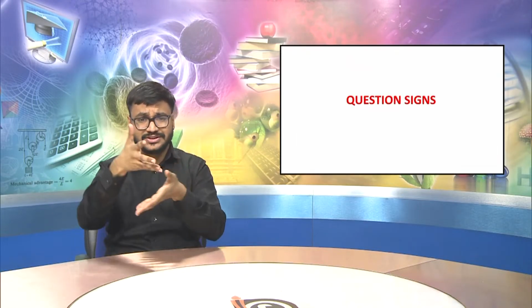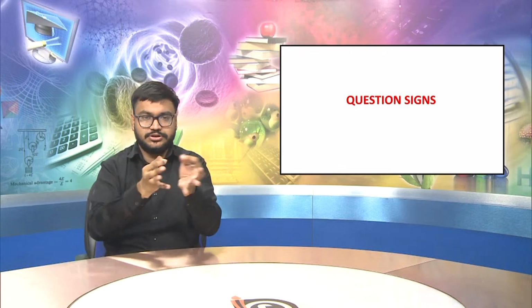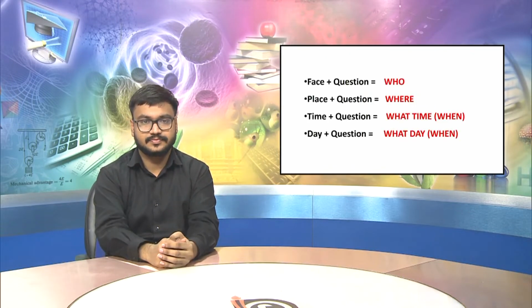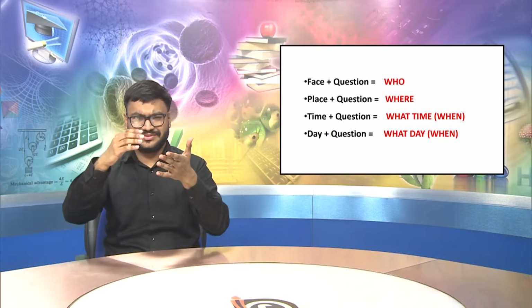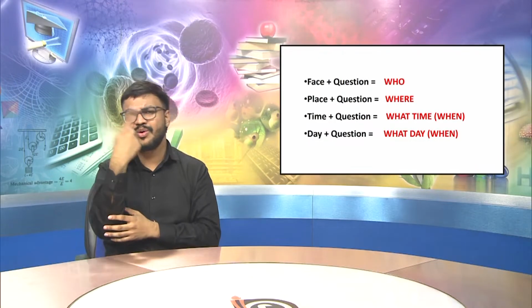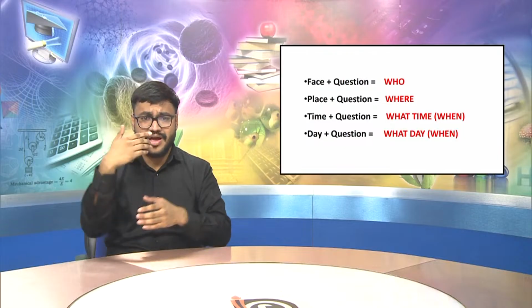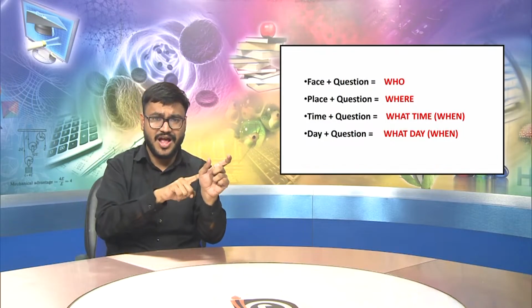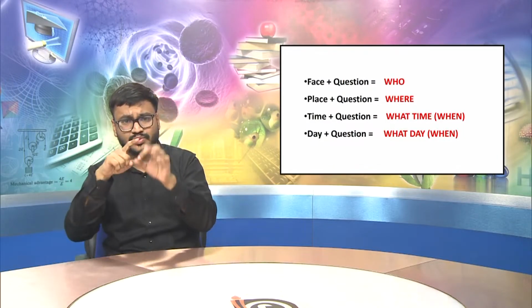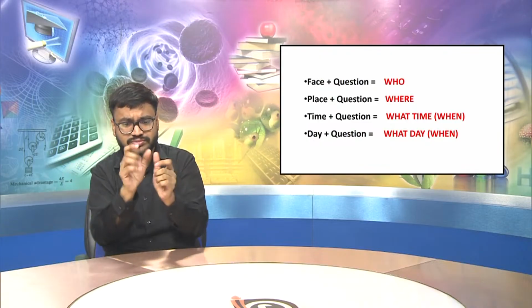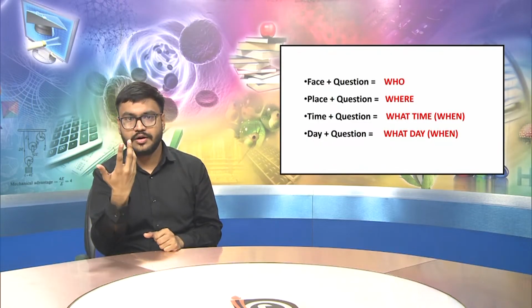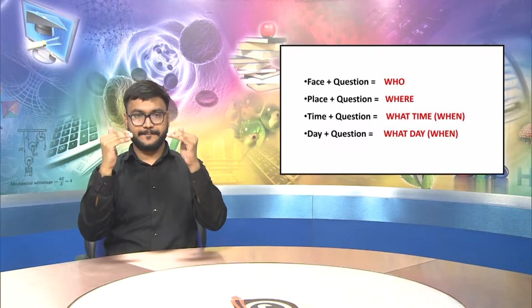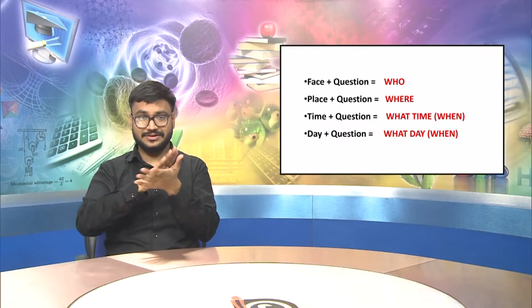Now we will look at some question signs. The first is who. Same as previous, it also has two specific signs which have their specific meanings to create new words: face along with the question sign.